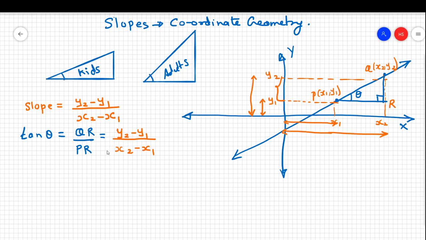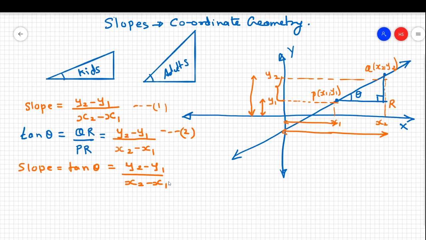Okay, so now compare this 1 and 2. What are we getting from that? We are getting something very unique here. From 1 and 2 we can say that slope is tan theta and it is the same as y2 minus y1 upon x2 minus x1. Very surprising result, right? At least we hadn't thought so. We are merging trigonometry along with coordinate geometry here.